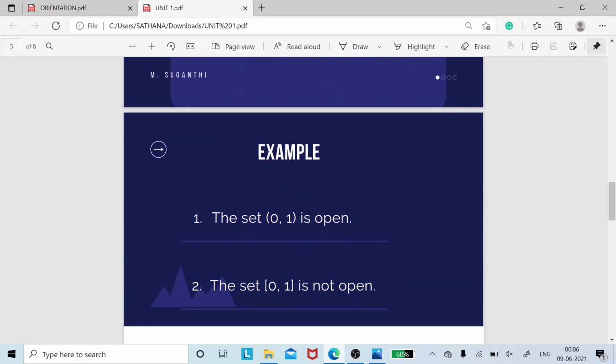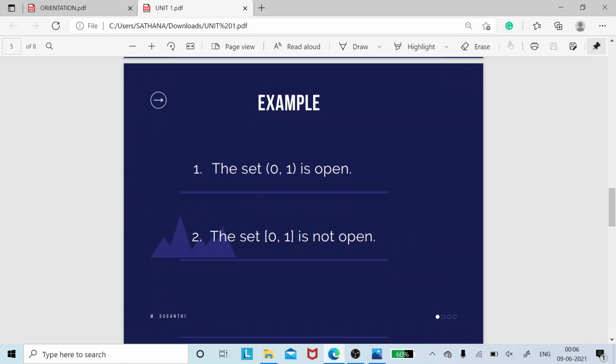Now let us have an example. The segment (0, 1) is open. Consider any element x in between 0 and 1. Be careful: x cannot be 0 and x cannot be 1, because the segment (0, 1) does not contain the elements 0 and 1.